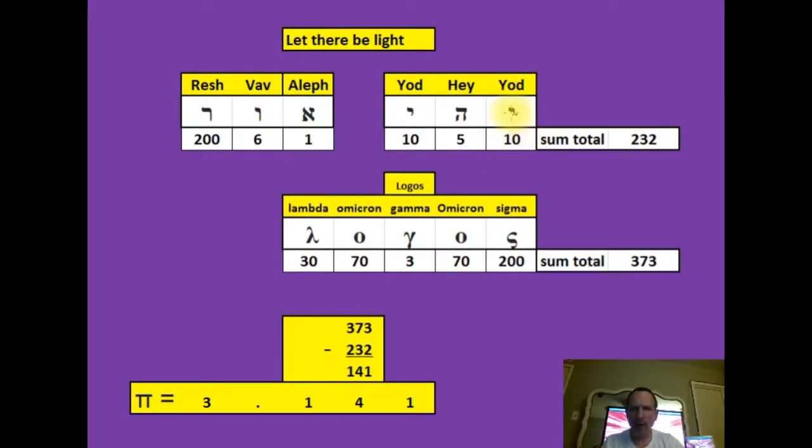The Hebrew value for let there be light, sum total 232. The Greek isopsephy value for logos, the divine order, logos, is 373. 373 minus 232 is 141. This begins the first three numbers in pi.